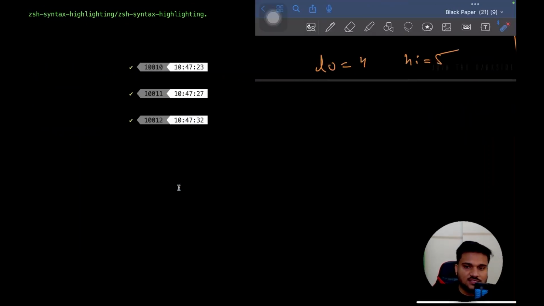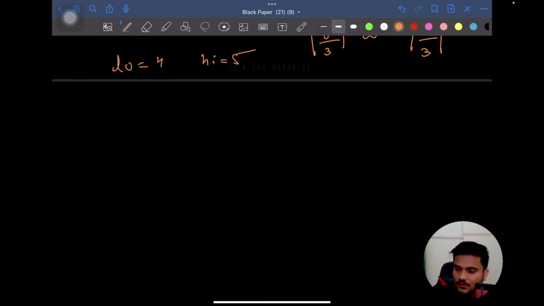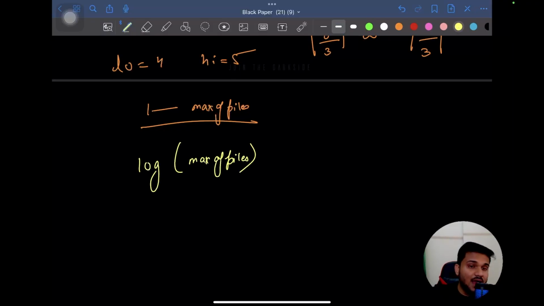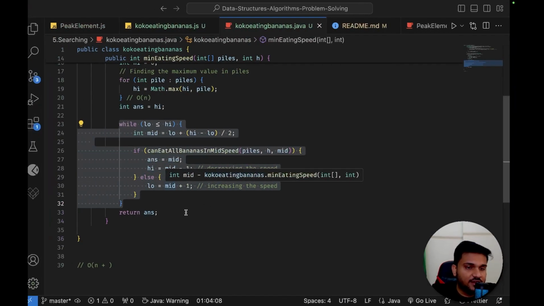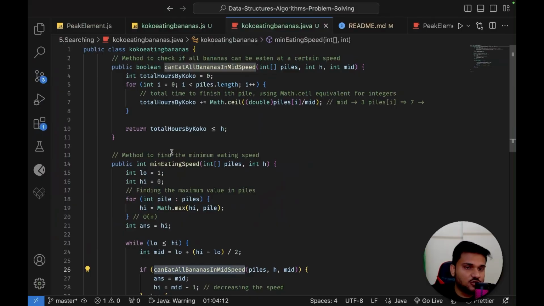What is the search space? The search space is from 1 to max of the piles, right? So the binary search is going to take log of maximum of piles. But in each binary search iteration, you have a function call.